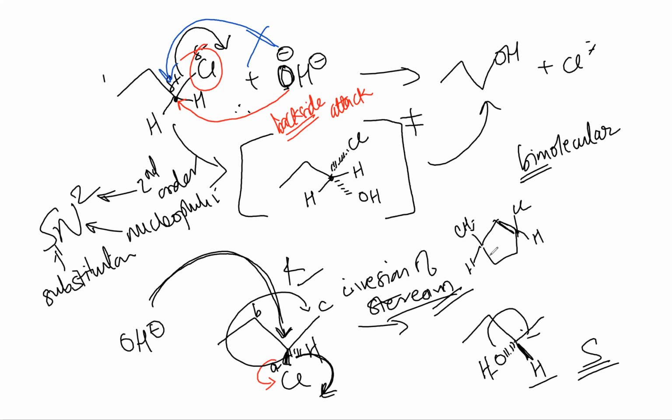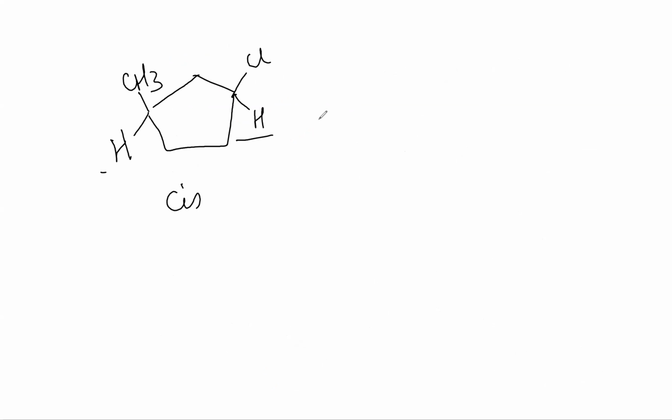Okay, I'm going to start on a new screen. Cl, H, CH3, and then H. So in layman terms, this is kind of like a cis. And then if you have a hydroxide that comes in, the hydroxide is going to come from behind and then have the Cl leave.